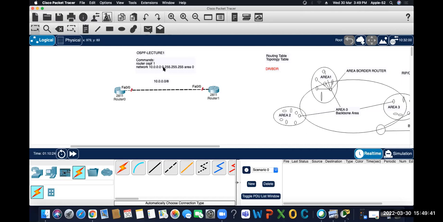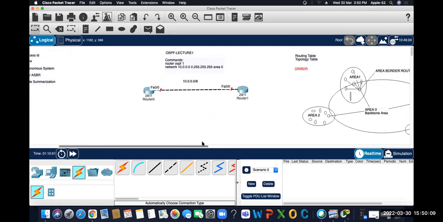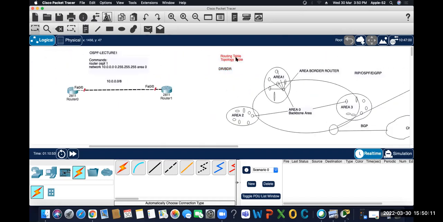Then I discussed the meaning of the wildcard mask bit. Now the question might come to your mind: what is the role of the wildcard mask bit? Seriously, there's no difference between the wildcard mask and the subnet mask in how I think of it. So how do you calculate the wildcard mask bits? I think I have erased that information.